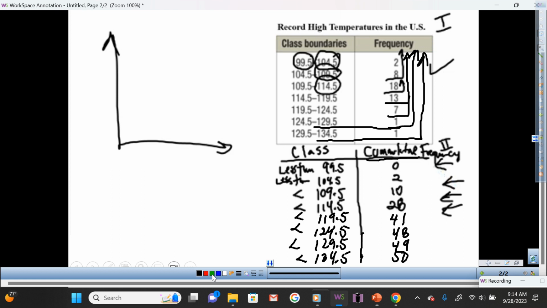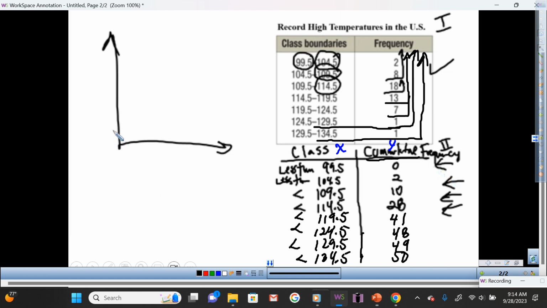All right. So now this changes a bit, doesn't it? Look up really quick. This is our x, and this is our y. Look at our y. It goes from 0 all the way to what? 50. Okay, so question. How do you want to scale the y-axis? By how many? By 10? Okay.